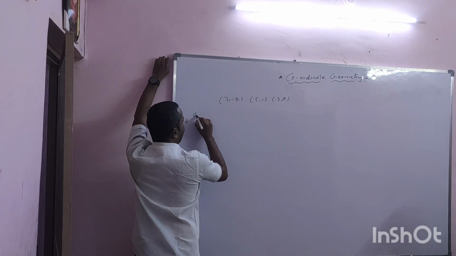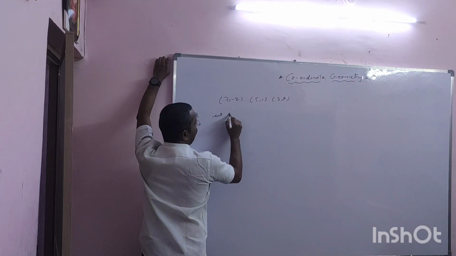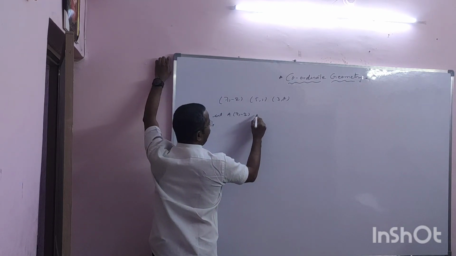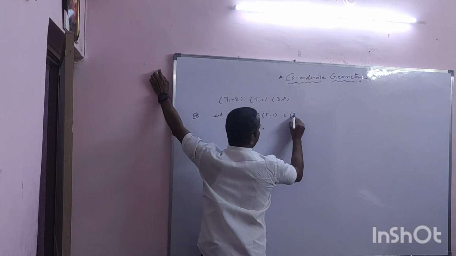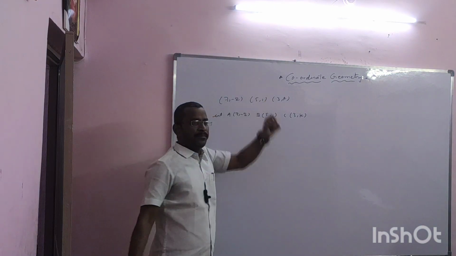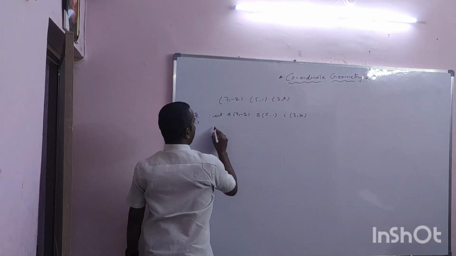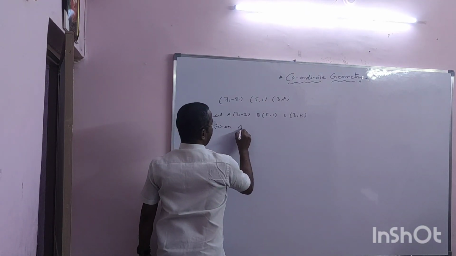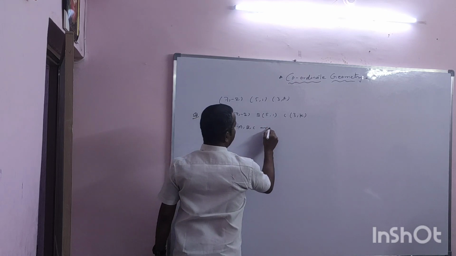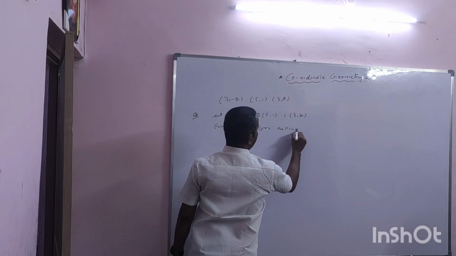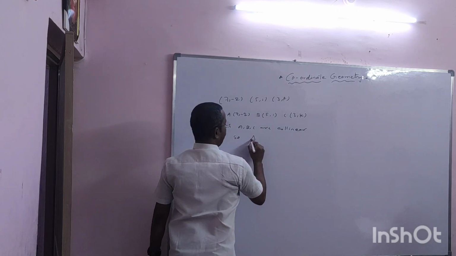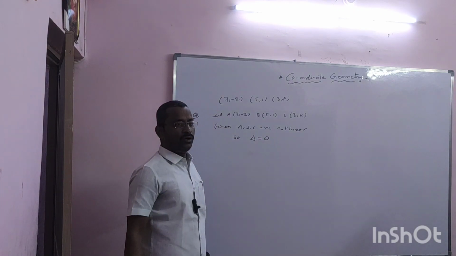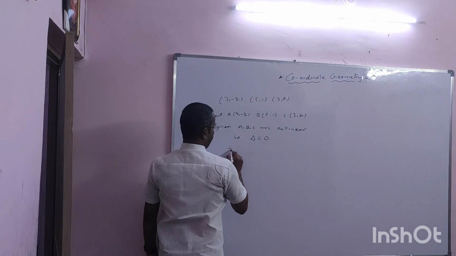So first, what will you write? Solution. Let A(7, minus 2), B(5, 1), C(3, k). Given A, B, C are collinear. So del is equal to 0. What is your del?